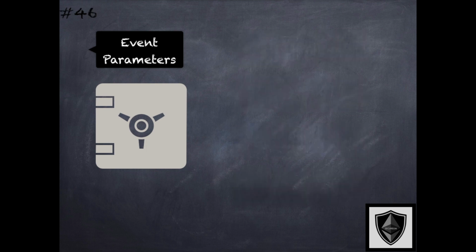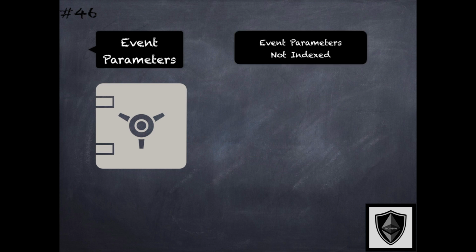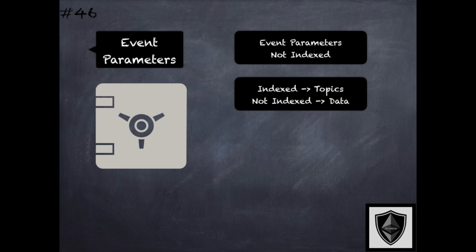Having talked about events, let's now focus on the event parameters. Event parameters not being indexed may be a concern in certain situations. Recall that event parameters may be considered as either indexed or not, depending on the use of the indexed keyword, and this results in those parameters being stored in the topics part of the log or the data part of the log.